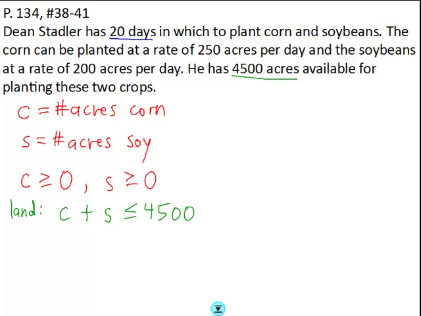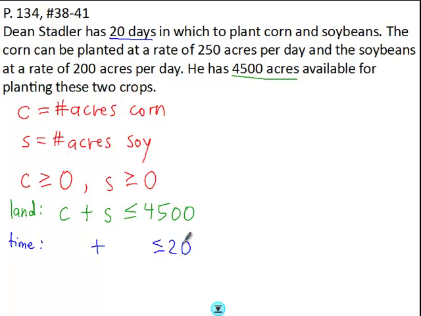And then the other one, which is considerably more difficult, is the question of time. How much time is he going to spend planting corn? How much time is he going to spend planting soybeans? So I'm going to write the plus sign between them. How much time he spends planting corn plus how much time he spends planting soybeans has to be less than or equal to 20 days.